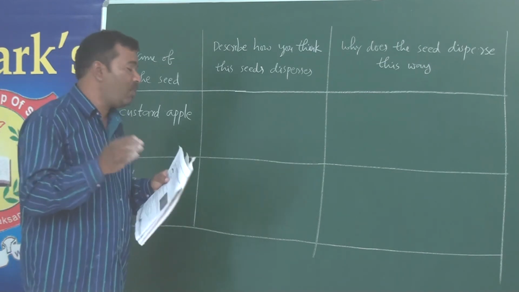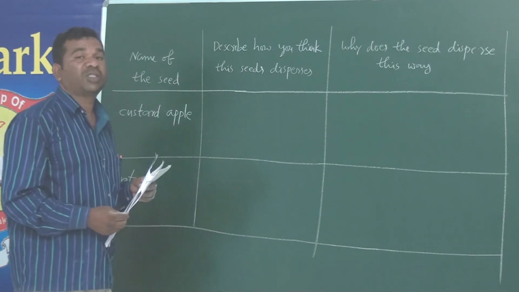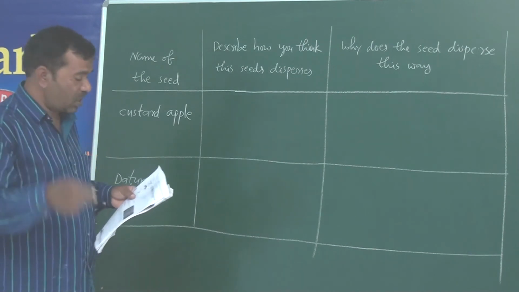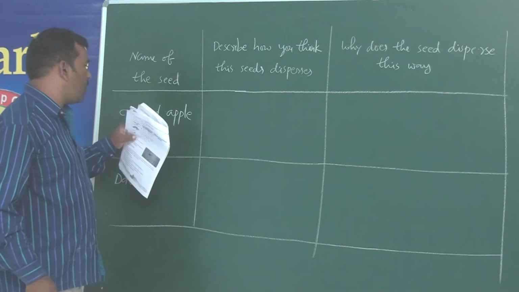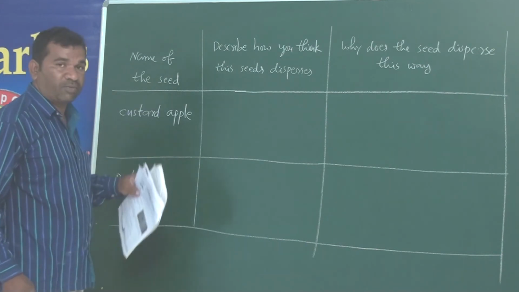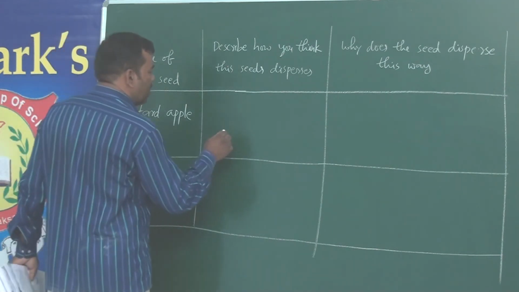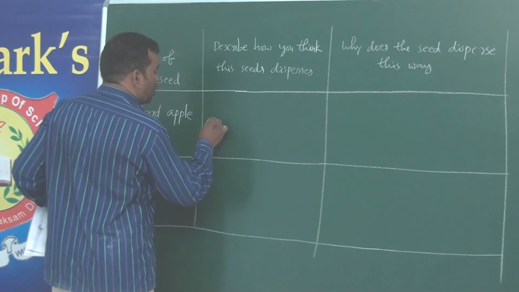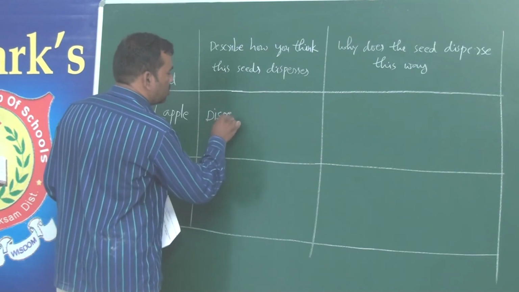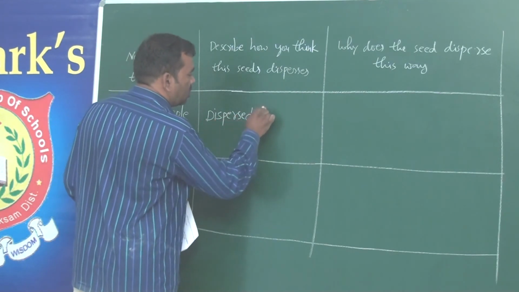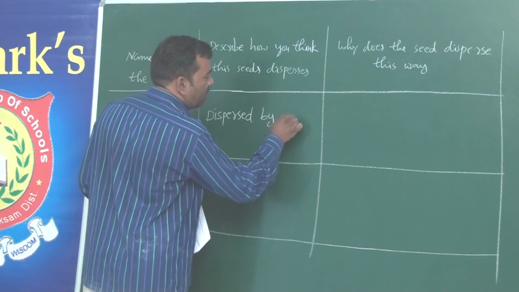Which agent helped them in dispersal? We need to find it out first. Okay. So let us see custard apple. How do you think that custard apples be dispersed? Animals. Dispersed by animals.